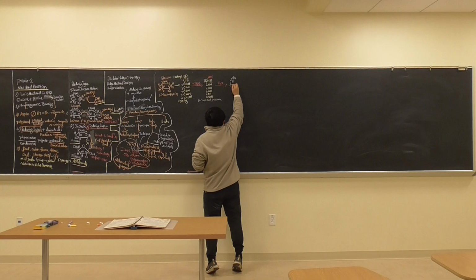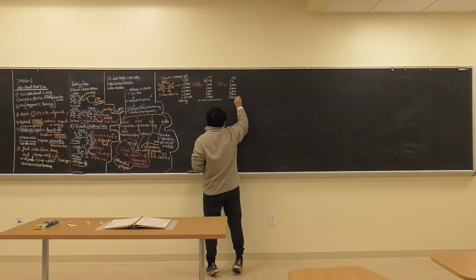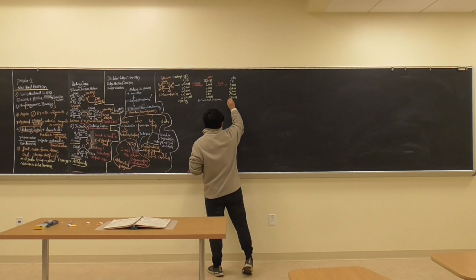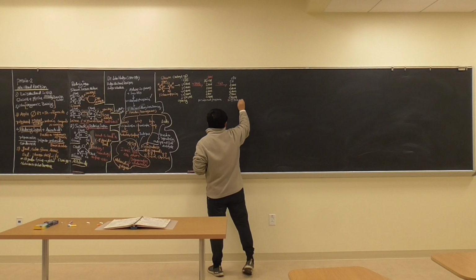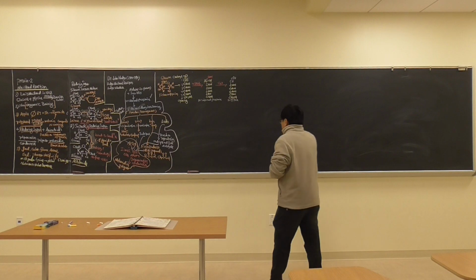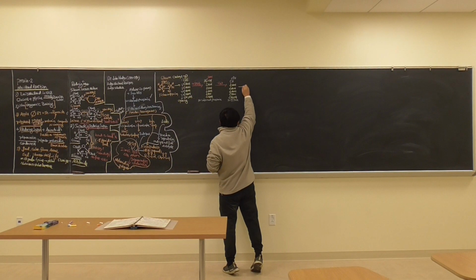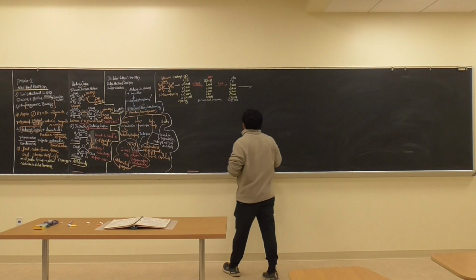Here all the same, CH, OH, CH, OH, CH, OH, CH, OH, CH2, OH. What is this one called? This is a Schiff base.